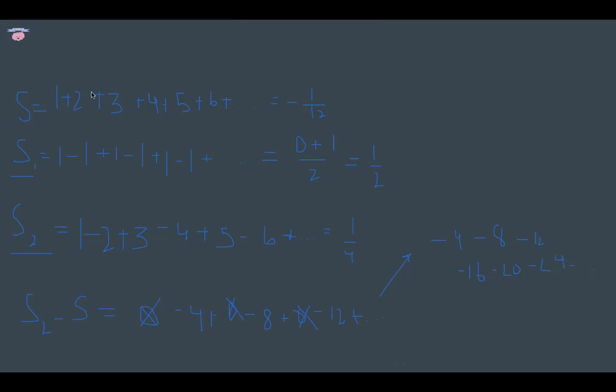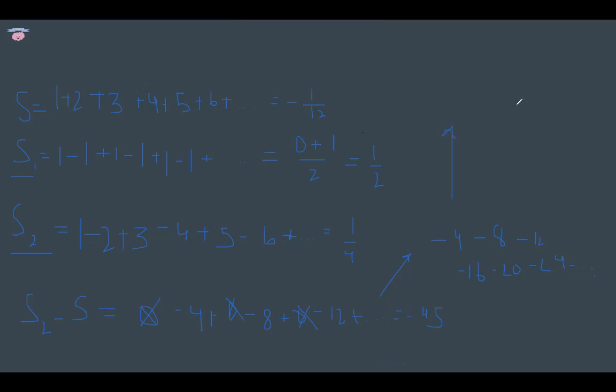That's basically this series, but you multiply by 4 and negate it. Because when you multiply by 4, you get 4 plus 8 plus 12 plus 16 plus 20 plus 24, and when you negate it, you get negative 4, negative 8, negative 12, negative 16, negative 20, negative 24, and so on. So this is basically equal to negative 4s.